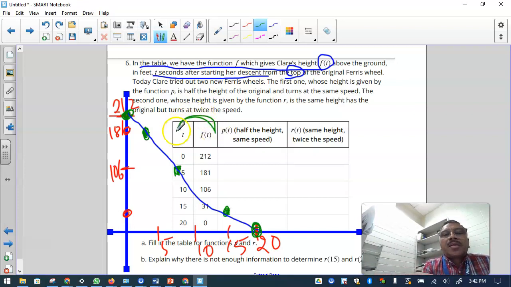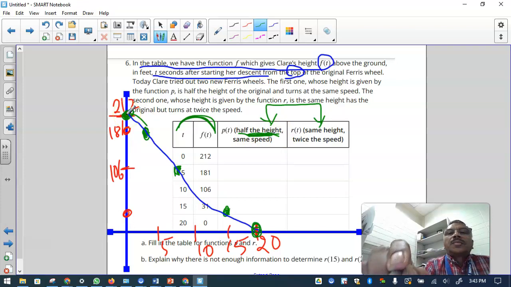is information about one of the Ferris wheels, but then she visits two more Ferris wheels. Another Ferris wheel whose height is half the height, with the same speed. So it is going down, but the height becomes half.